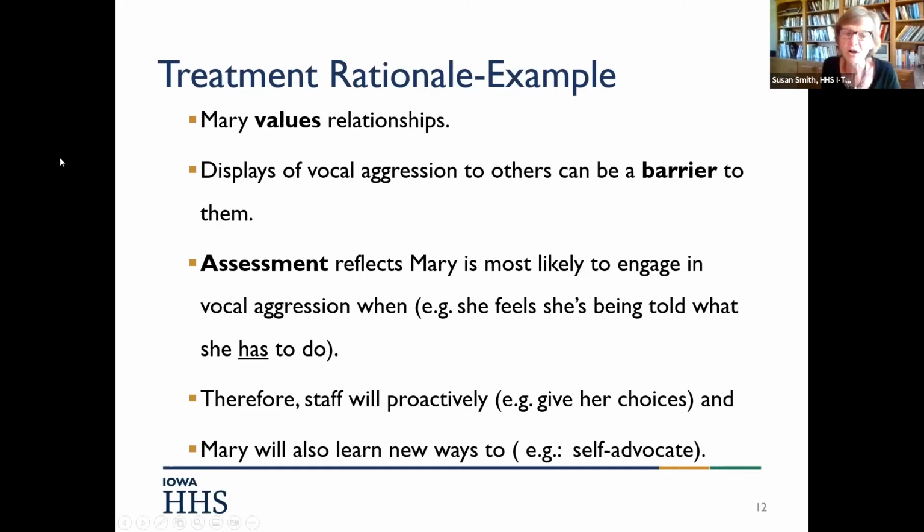Also, for a new skill for Mary, I'm going to teach her how to self-advocate. She can say things like, "I don't like it when you boss me around." So there's one thing Mary can learn there, and there's a staff strategy, and both of them are intended to decrease vocal aggression, which is going to help Mary get closer to what she wants. And both of them are the results of my functional assessment. That's kind of what I do in my mind when I do a treatment rationale.